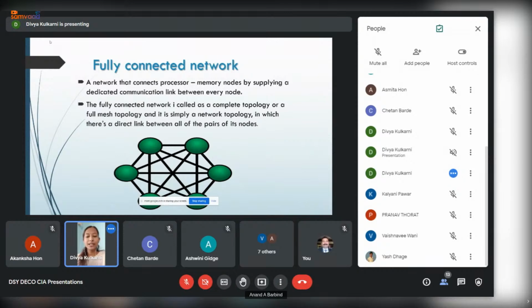It is also called a complete topology or a full mesh topology, and it is simply a network topology in which there is a direct link between all pairs of its nodes. Fully connected network is quite complex because multiple cables are connected to each other between processor and memory nodes.